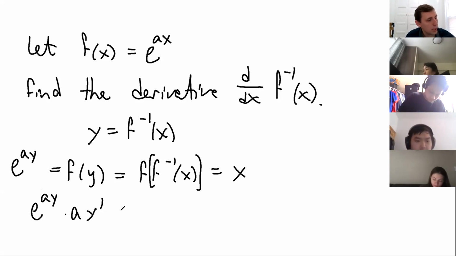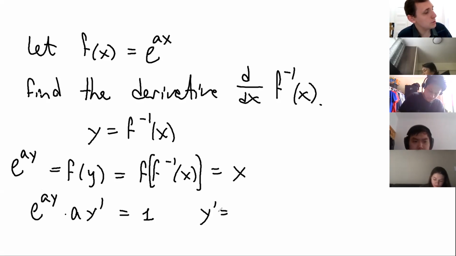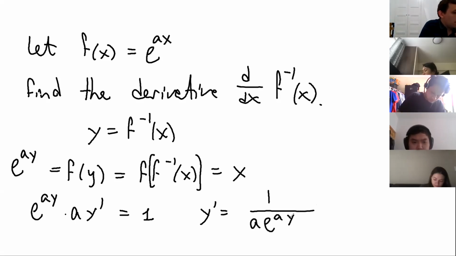That's equal to 1, which means that y prime is equal to 1 divided by a e to the ay. Yes?